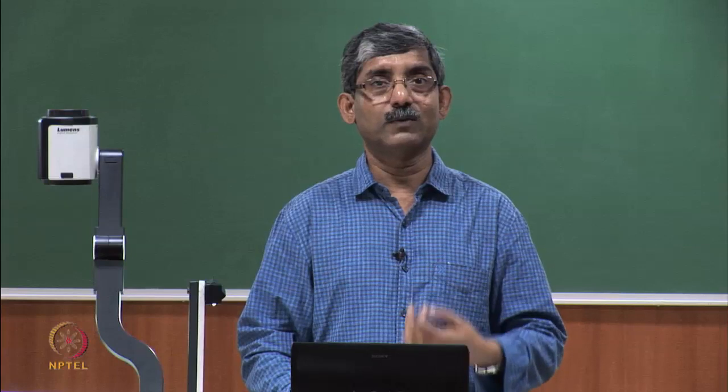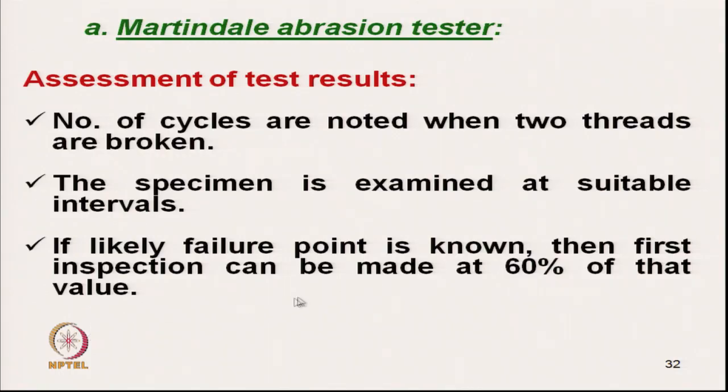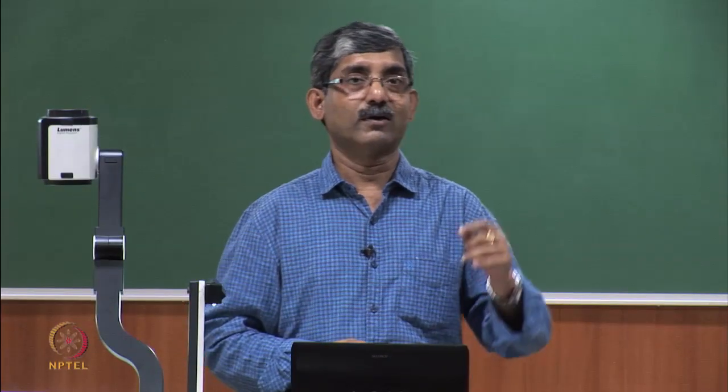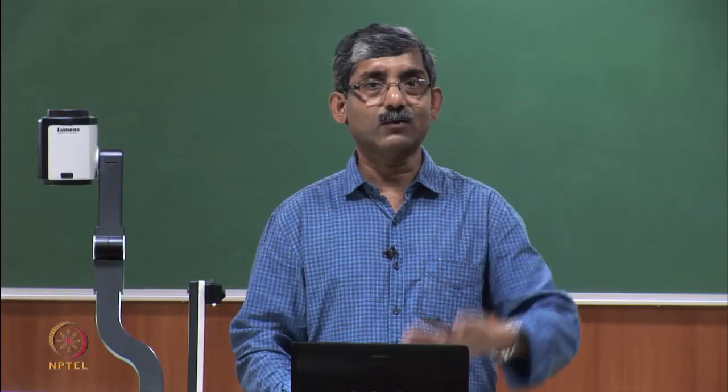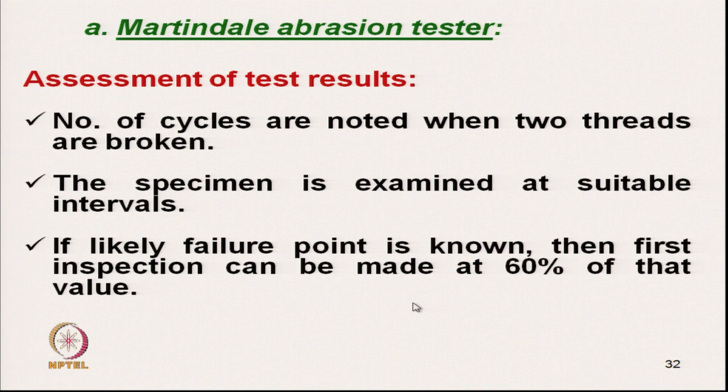There should not be any more breakages, and if we know the likely failure, then we can start inspection from 60% of that value. Suppose 1000 cycles are normally required for 2 breakages. So, we will start with 600 cycles and keep observing the condition of the fabric.